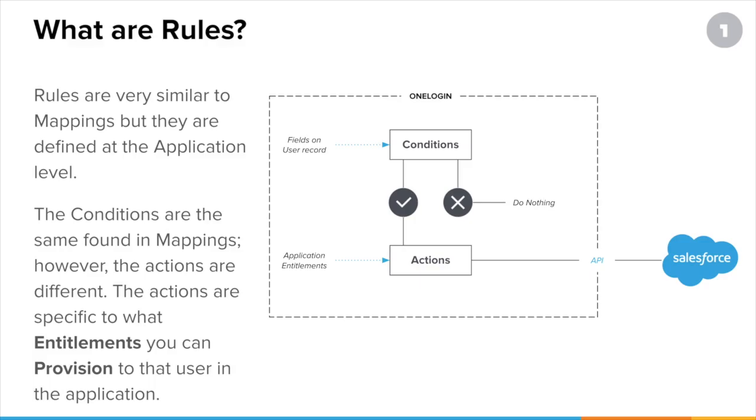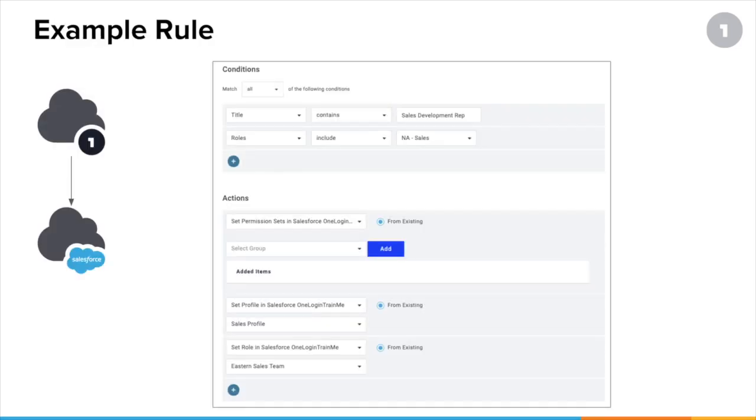The actions for rules are specific to, in general terms, what we call entitlements. So for the most part, they're fields that control what a user can do within that application. Like in Salesforce, it'd be the profile or the Salesforce role that they're assigned to. In some cases, it might actually be just other fields over in the application itself.